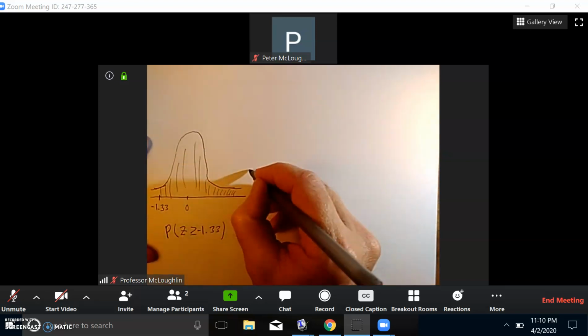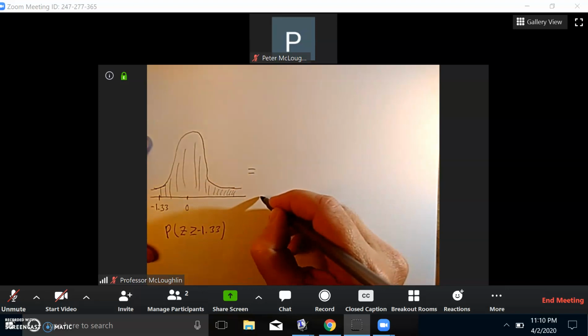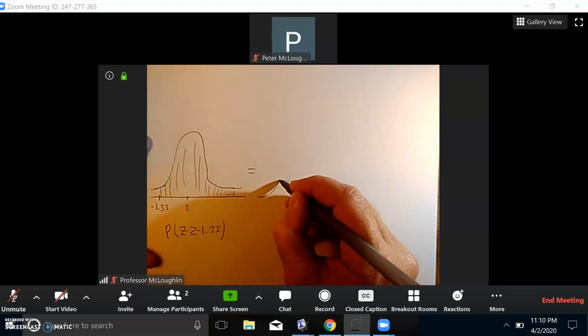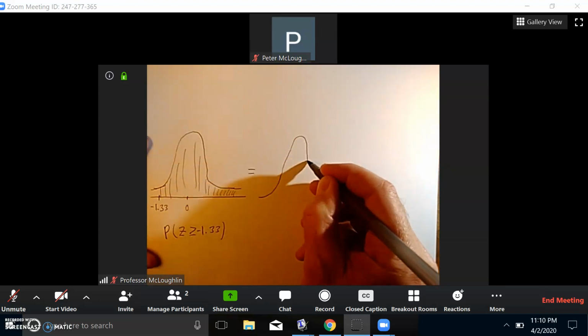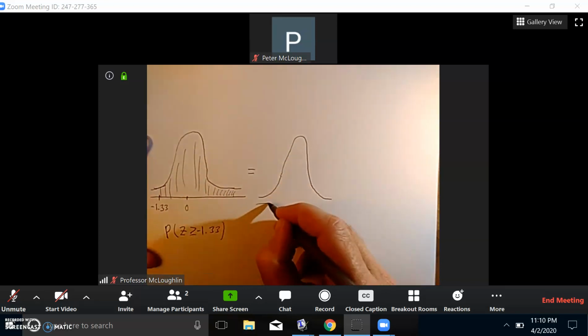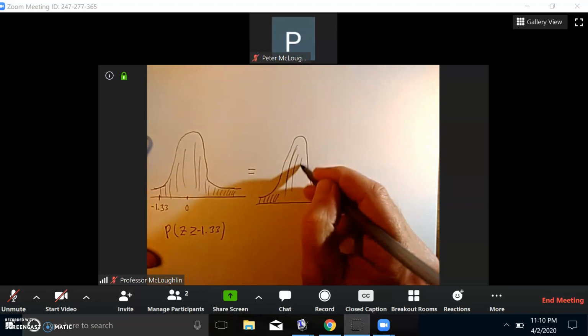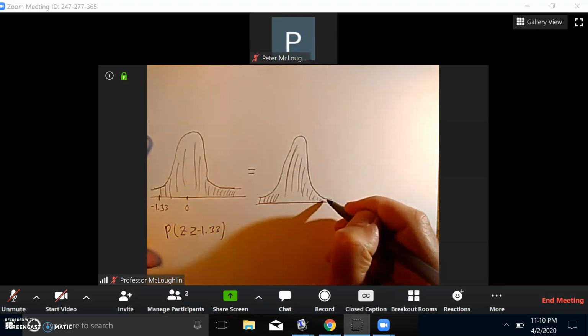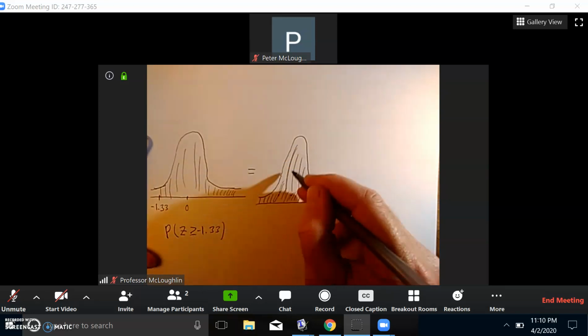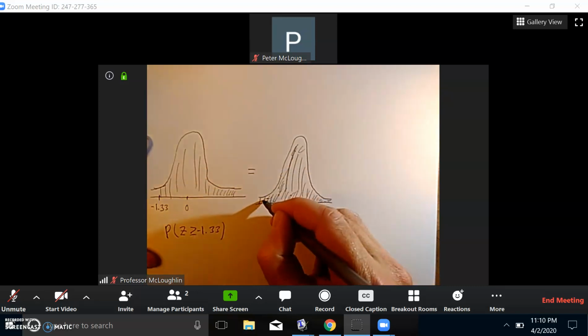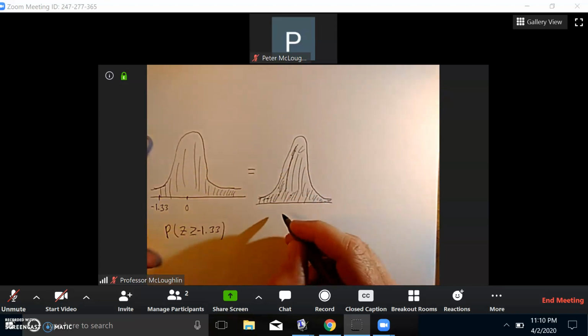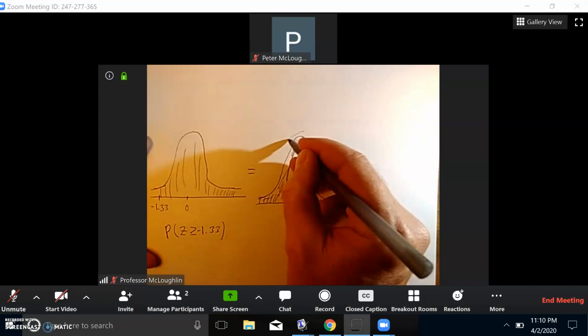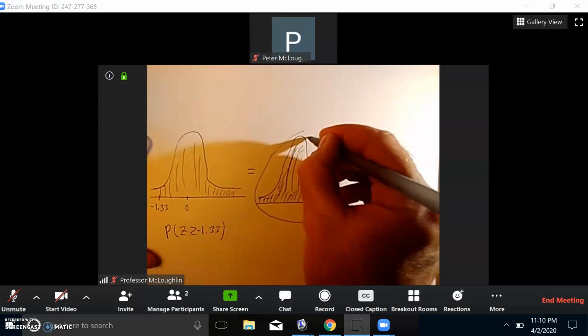I claim that will equal, drawing another standard normal, the total area under this curve, but the total area under a normal distribution is always 1, so this would equal 1.